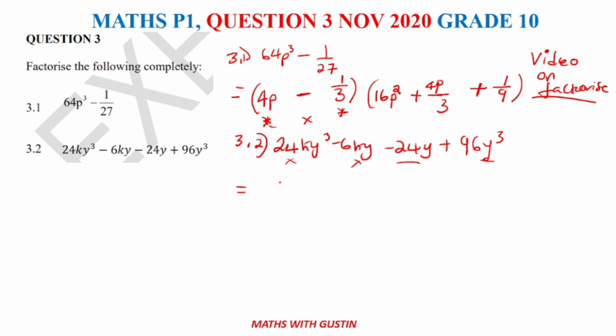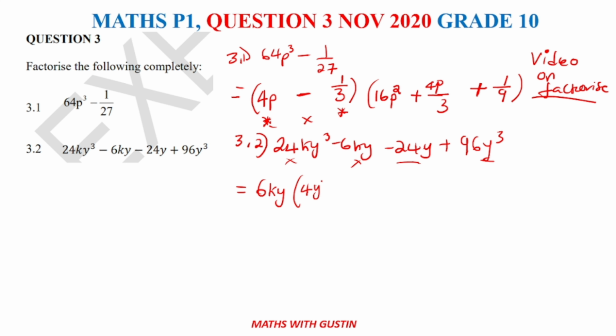Let's see what can we do. Which common factor can we take out? We can take out 6ky as a common factor. Therefore, here we're going to be left with 4, you need to multiply by 4, and therefore we're going to be left with y squared. K is already taken out as a common factor.